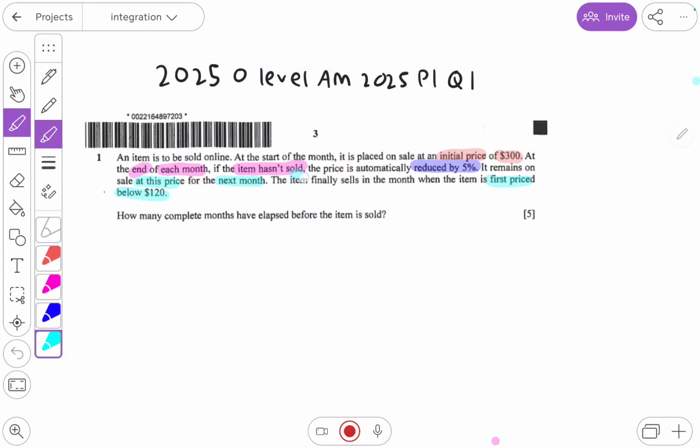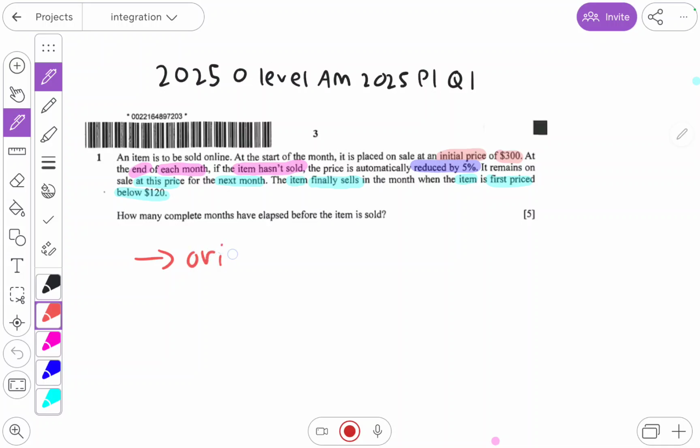I'll be unpacking this question one by one. So finally sells in the month where the item is first priced. Okay, so in pink, what are they trying to say? In the first part, initial price of $300, this means that this is the original price. Okay, so it is 300.